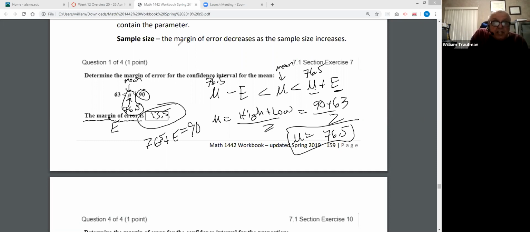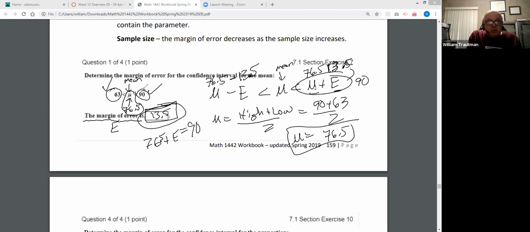Do you see, if I take the average on this side plus 13.5, I get 90, like I said here. If I take the average on this side, 76.5 minus the error, 76.5 minus 13.5 is 63. So the margin of error, the plus or minus, is 13.5.